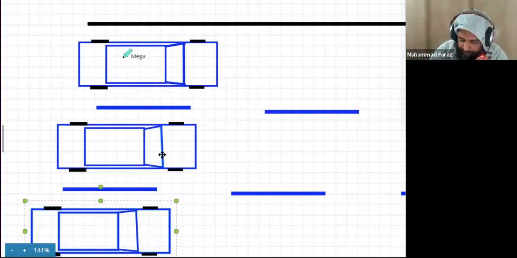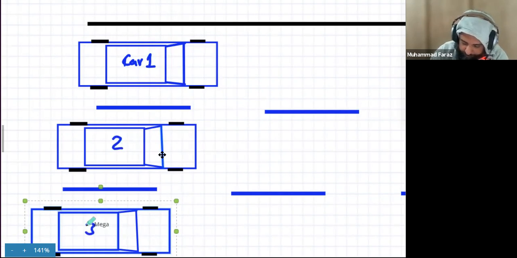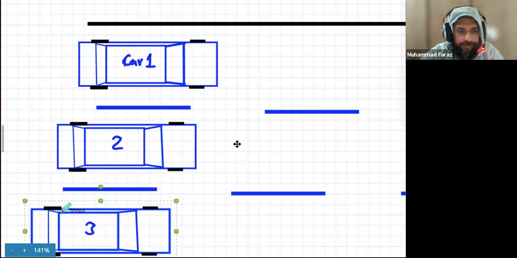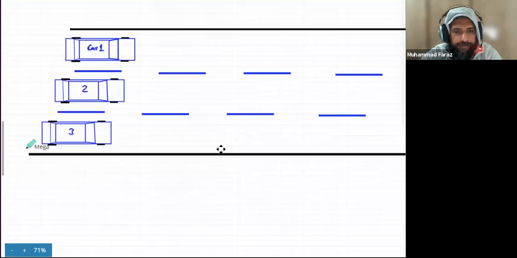This is car number one, this is car number two, this is car number three. Now they are all moving on a straight road, side by side.